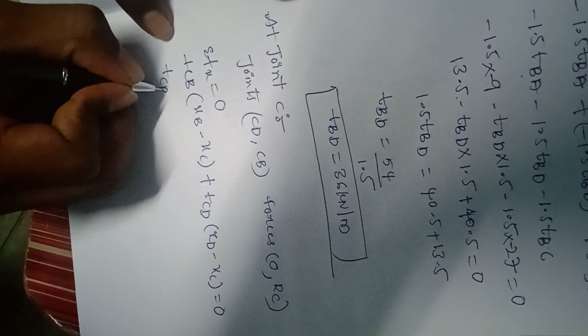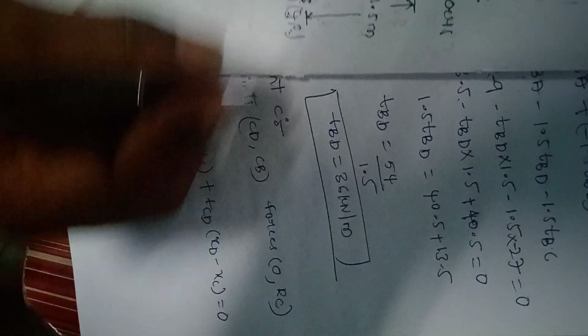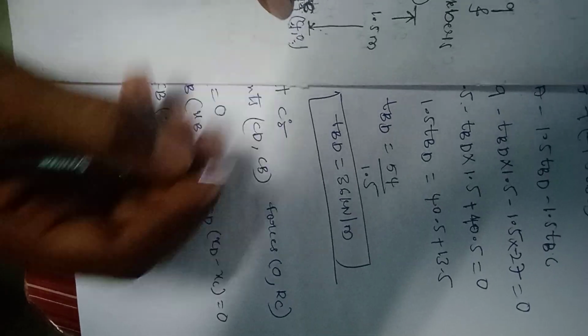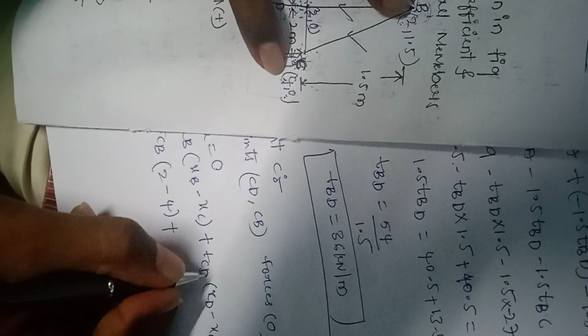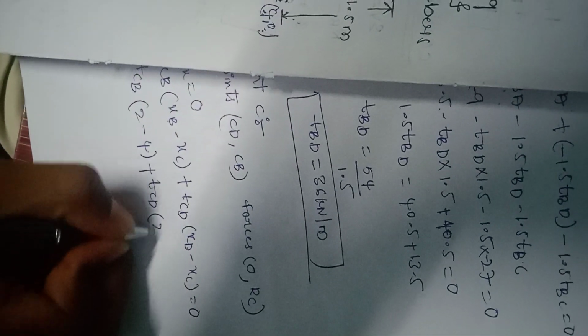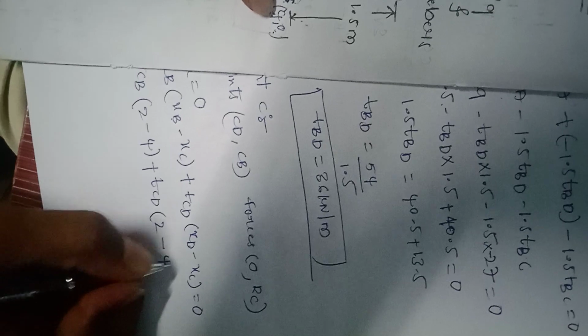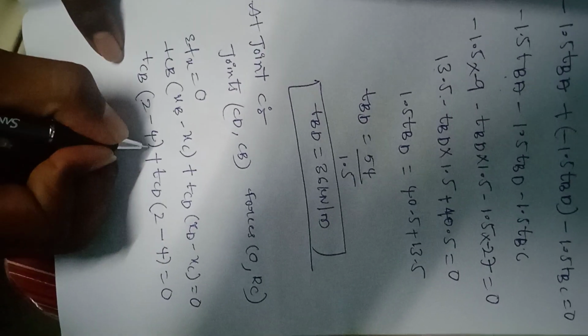Tension in CB, XB how much? See here, XB is 2 meters. 2 minus XC, how much? 4. Plus tension in CD: XD, that is 2 meters, minus XC, that is 4, equals 0. 2 minus 4 is minus 2.